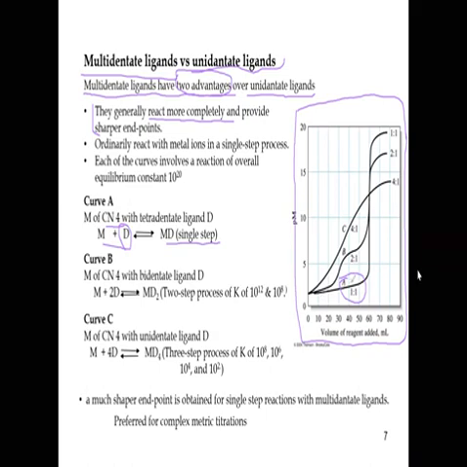For that sort of reaction, see the rapid changing region. It is very wide, right? Now go to the next, the same metal ion, but now reacting with a bidentate ligand. If it is a bidentate ligand, two ligands should react with one metal ion. In fact, it's a two-step reaction.